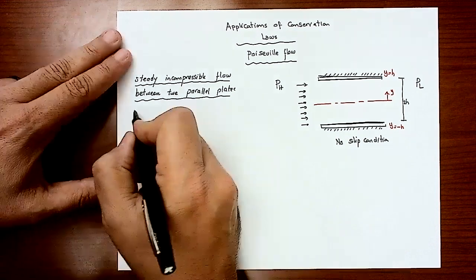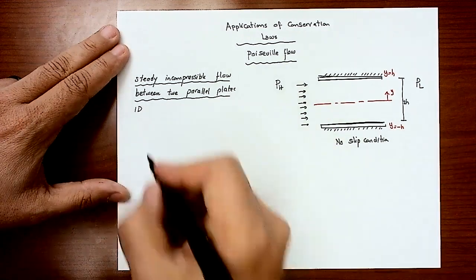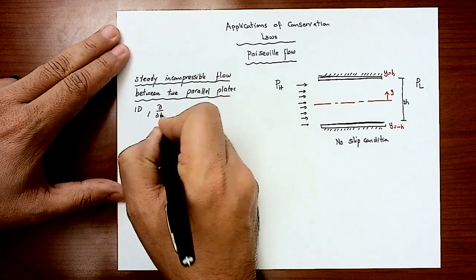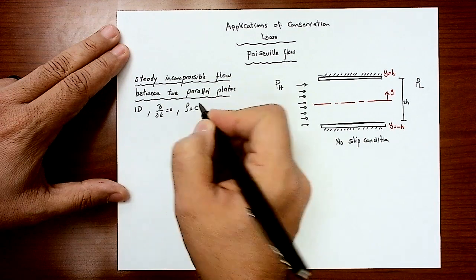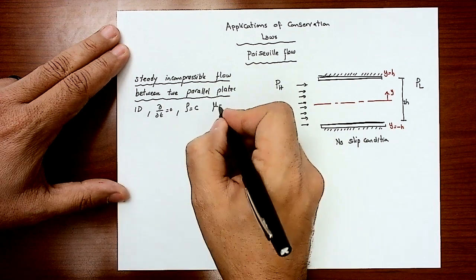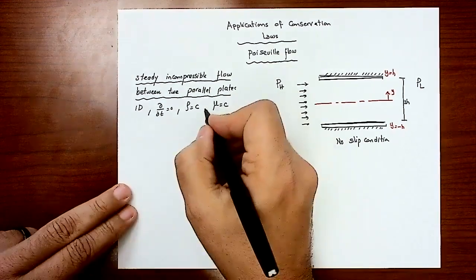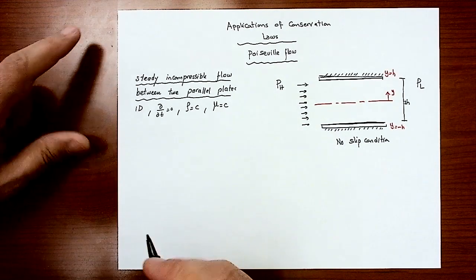What are the assumptions? Again, we are solving a one-dimension flow. It's all in that direction, and because it's steady, nothing changes relative to time. It's incompressible. Rho is actually constant, and again, we're going to assume that mu is constant as well in that problem. So let's start with the continuity equation, like what we did in the Couette flow.